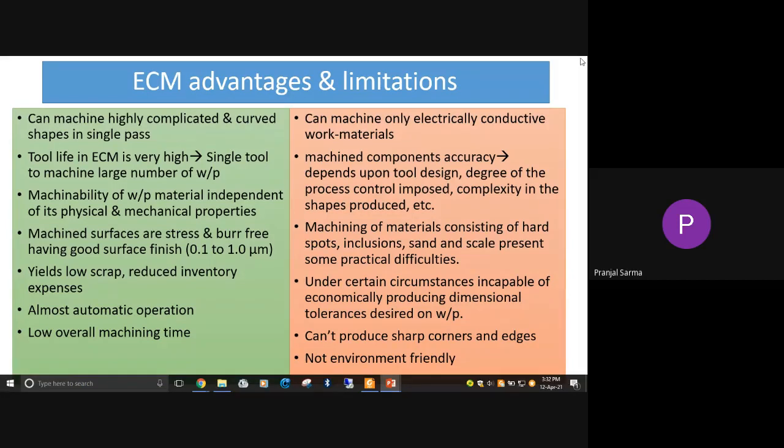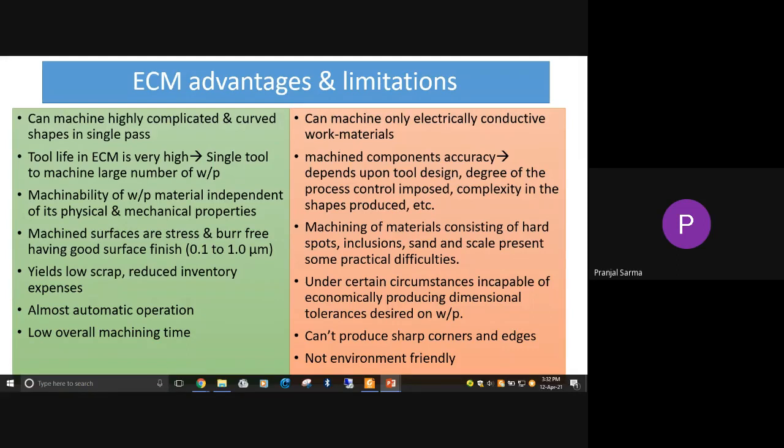The machined component accuracy also depends upon the tool design, how much control you have over the process, and the complexity of the particular product. If that is not done properly, then machined component accuracy will be lost.